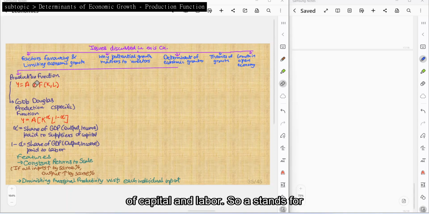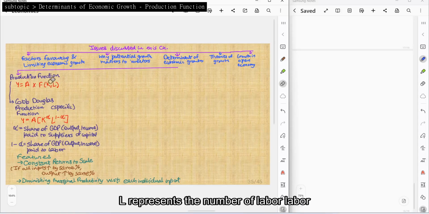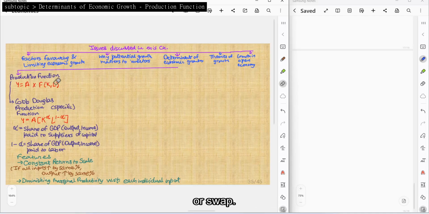A stands for the level of technology in the economy. K represents the level of capital in the economy, or to describe it further, the level of services provided by the capital equipment. L represents the number of labor hours worked.